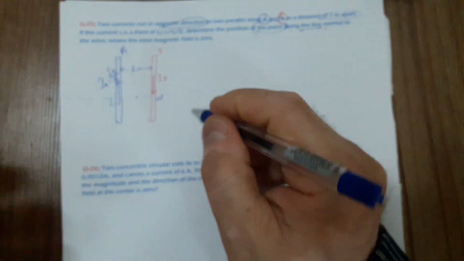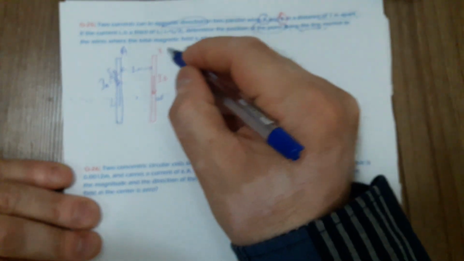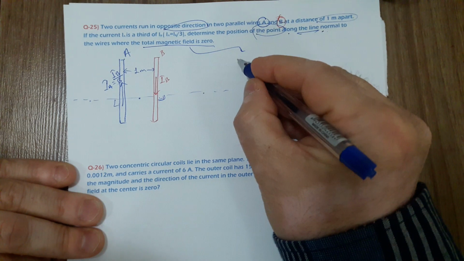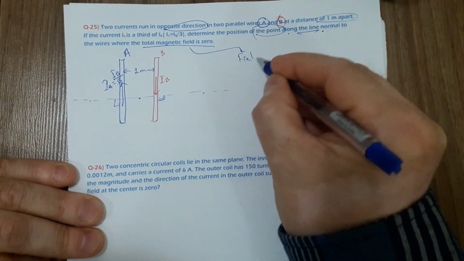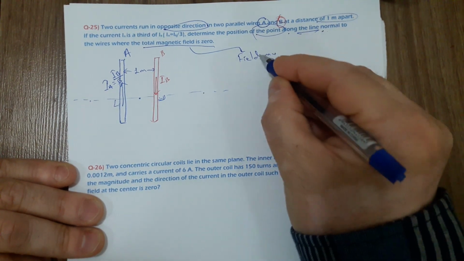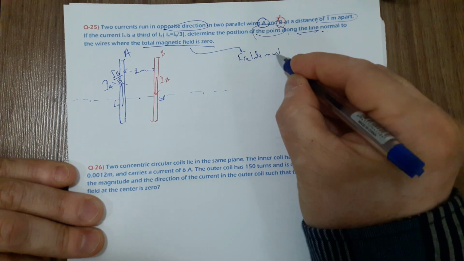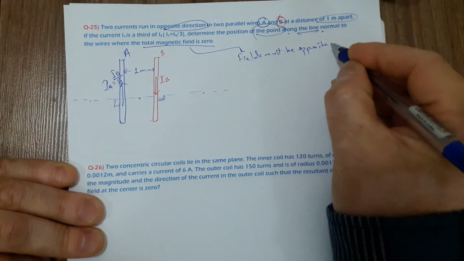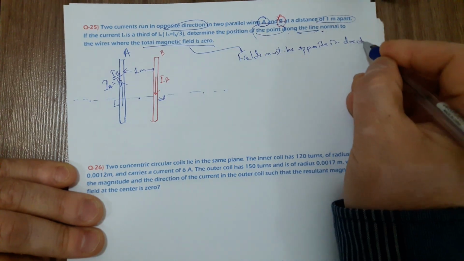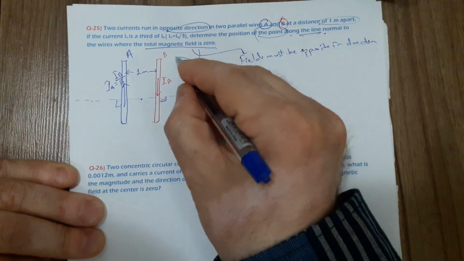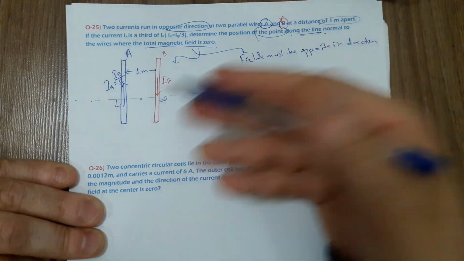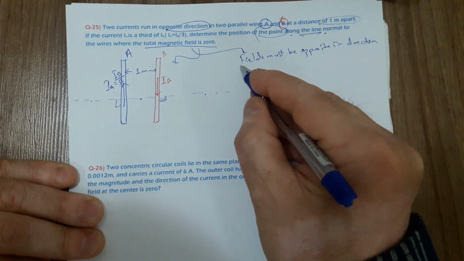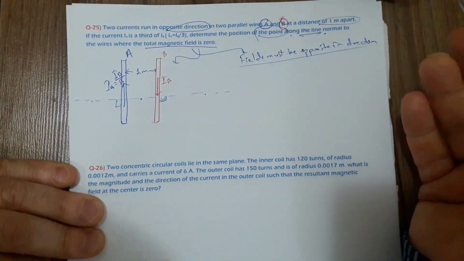Okay, two conditions must be provided for the total magnetic field to be 0. One of them, fields must be opposite in direction. This is a condition for the resultant to be 0, because if the directions are not opposite, they cannot cancel each other.